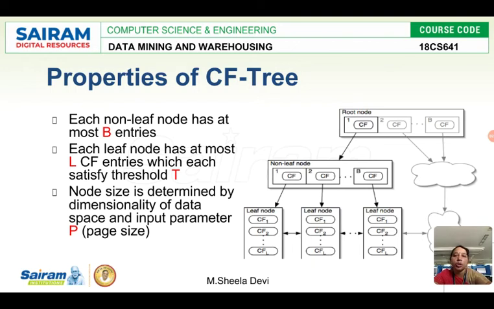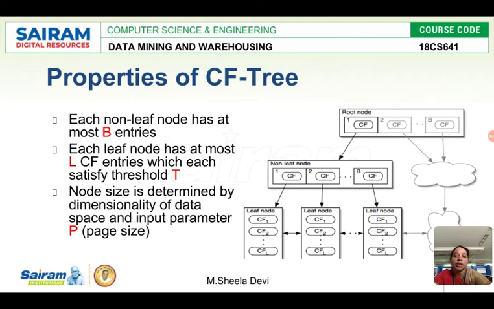Now we will see the properties of the CF tree. Each non-leaf node has at most B entries. If you take the CF tree, we will have three types of nodes: the root node, non-leaf nodes, and leaf nodes. The root node has children, called non-leaf nodes, which again have children.